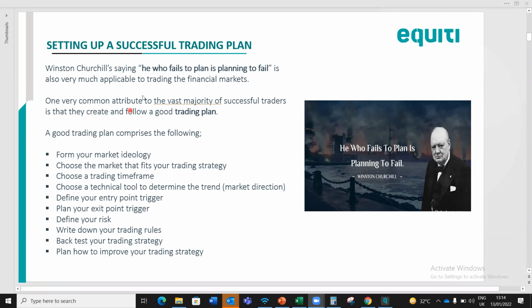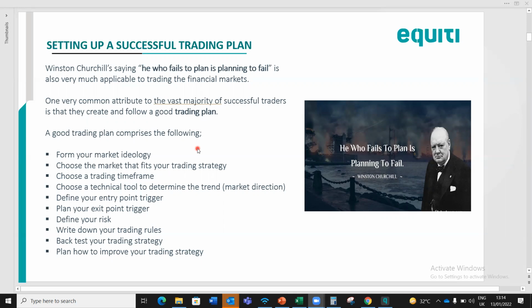Now, one very common attribute to the vast majority of successful traders is that they create and follow a good trading plan. Yes, every successful trader that you see that had been successfully trading the market over a period of time, one thing that is very common among them is that they create and then they stick to the trading plan that they have created.